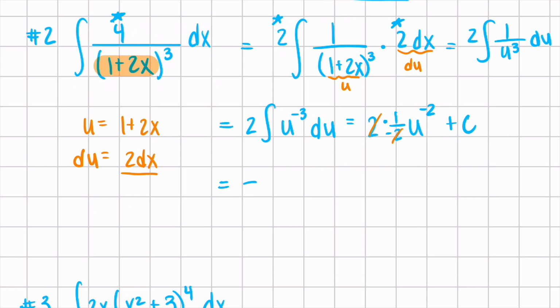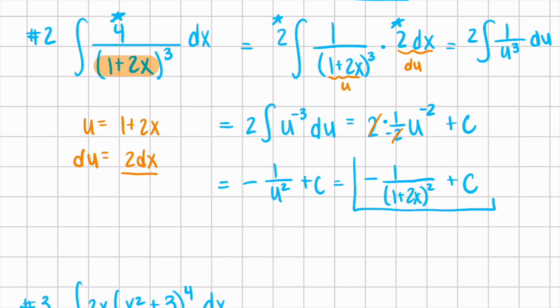Negative u to the negative 2 is the same thing as 1 over u squared. So I have negative 1 over, instead of u, put your 1 plus 2x back in there. And we have our answer.